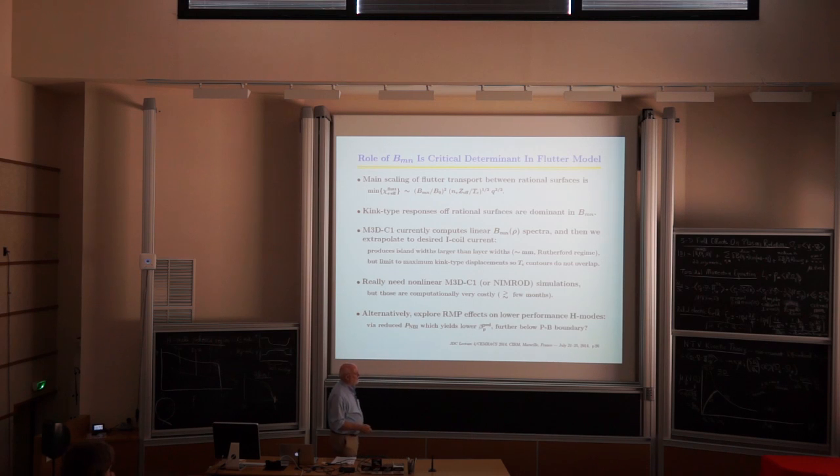Almost everything I've been saying today has to do with delta B over B squared, okay? And you get kink-like responses off the rational surfaces. And the way we're doing this analysis is we're saying, look, we'll use an extended MHD code, in this case M3DC1.